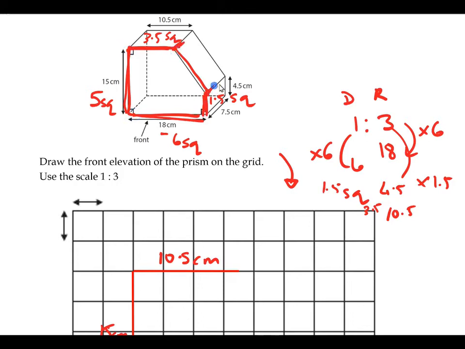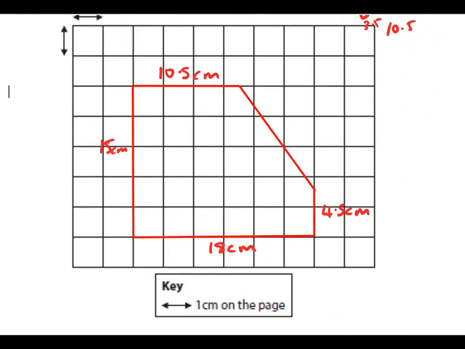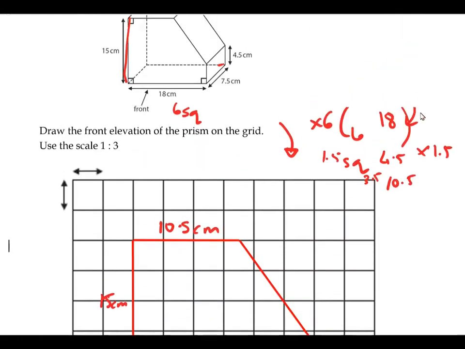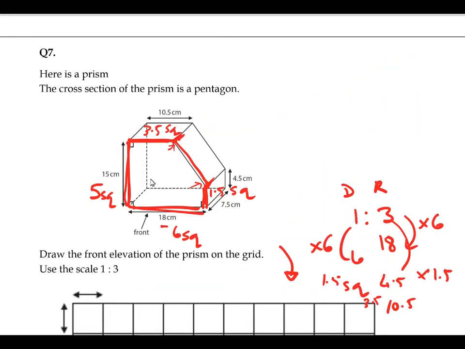Now there's no measurement here, so we don't have to measure it. All we need to do is connect this end here to this end here, and then that's our drawing complete. So let's do that. And that's our drawing complete. So we've got our 18 centimeters, our 15, our 10.5, our 4.5, and then these two ends we just join with a straight line, and we now have our scale drawing of our original prism here.